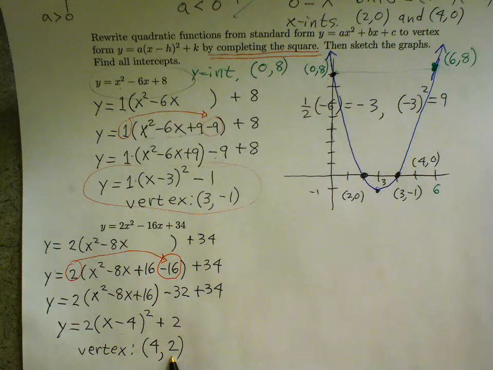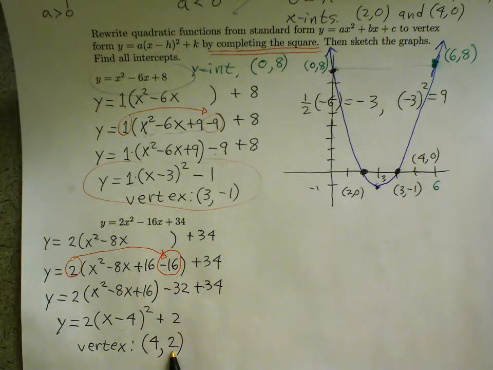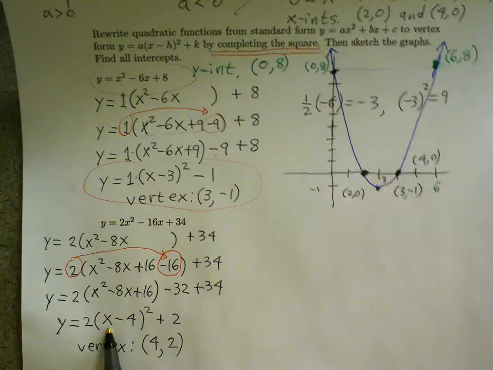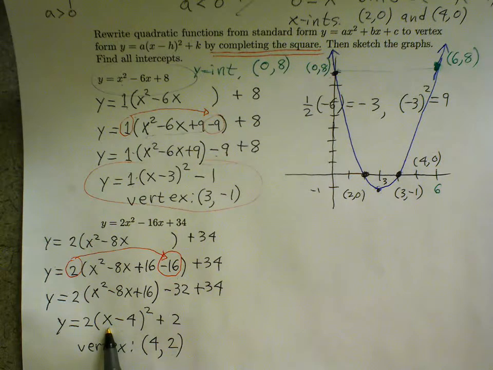How come it's not negative 4? Well, the question was, how come the x coordinate is not negative 4? If you replace x with negative 4, then negative 4 minus 4 is negative 8.